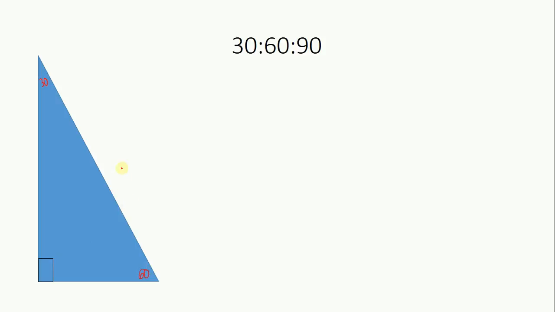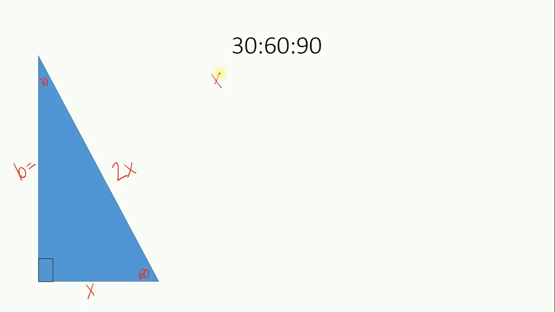We know the hypotenuse was worth 2x. We know our short leg is worth x. We need to find the side across from the 60. Well, what is that? Let's use the Pythagorean theorem to find out.